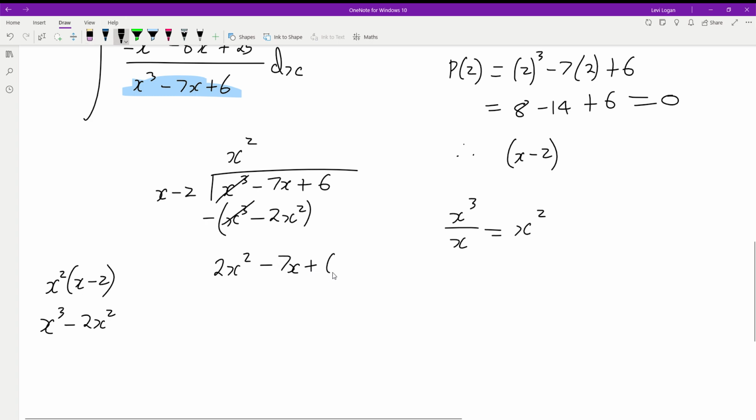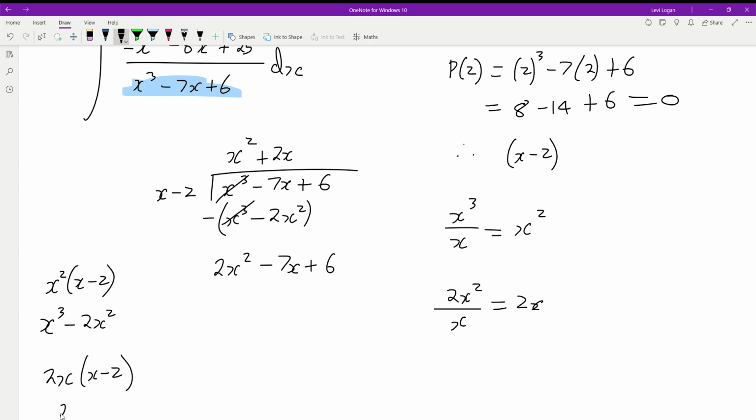And then we do the whole process again. 2x squared divided by x gives you 2x, so you're going to get plus 2x. Then 2x times x minus 2 gives you 2x squared minus 4x. Subtract down here, and 2x squared minus 4x cancels with that.